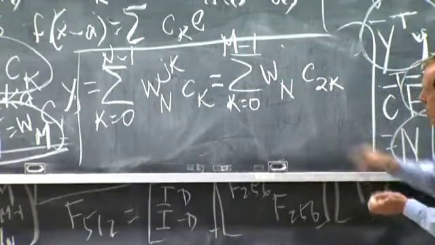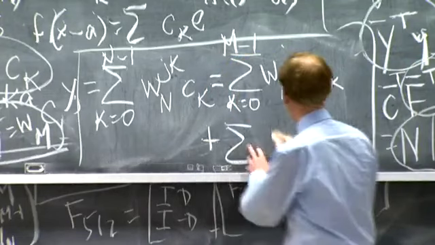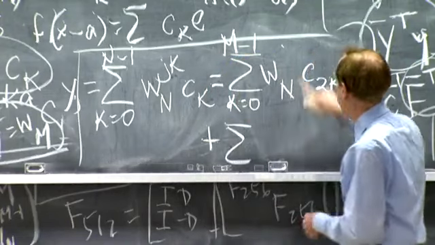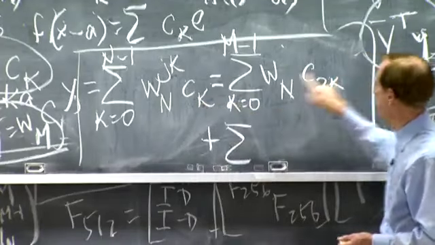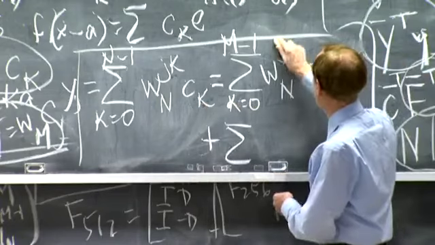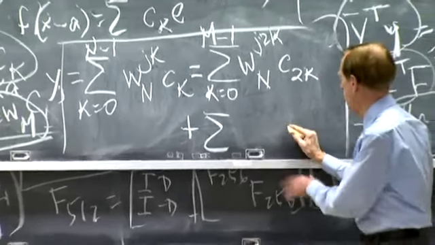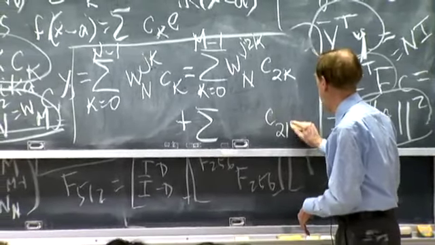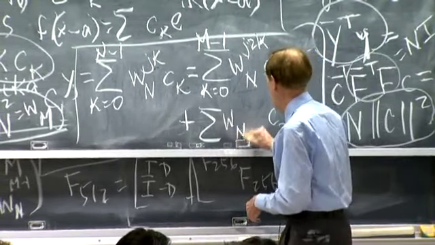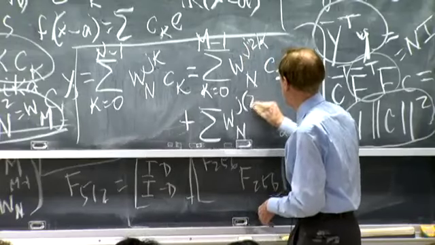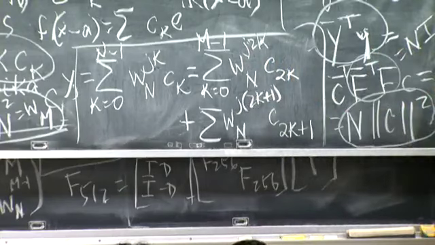This is only half of the terms. And then will come the other half, plus the same sum, but I didn't finish here. Let me finish. Instead of k, I'm doing 2k. So I have j times 2k here. And now these will be the odd ones, c2k plus 1, and omega n to the j times 2k plus 1.